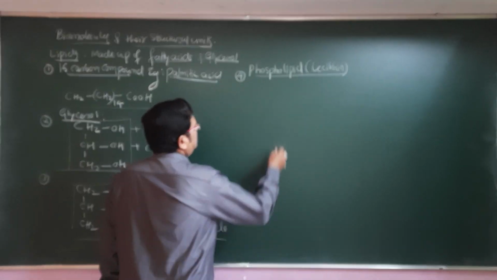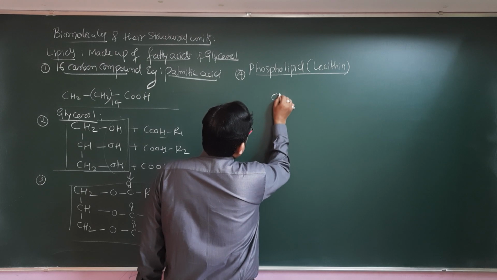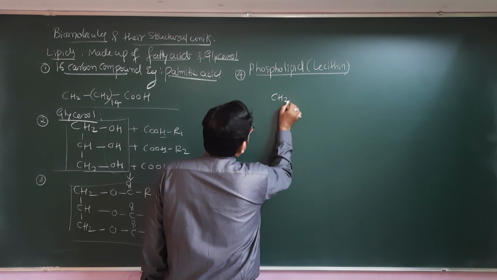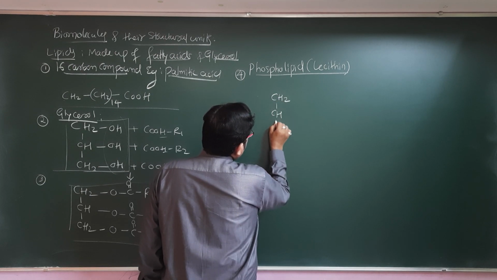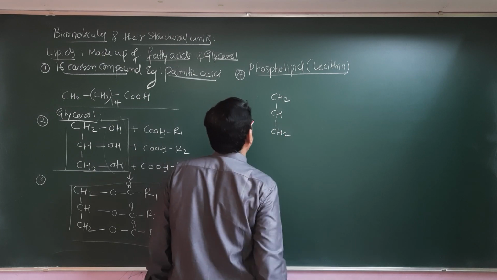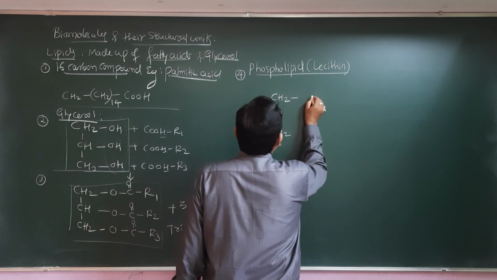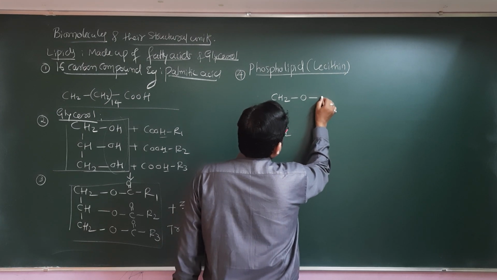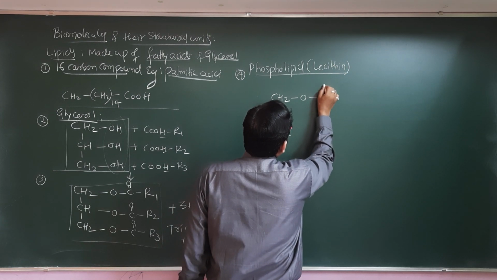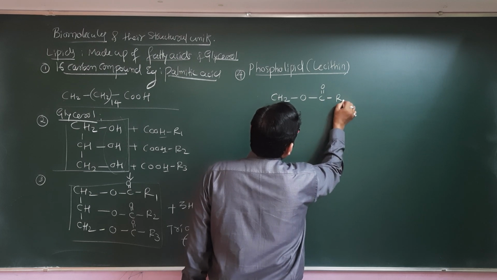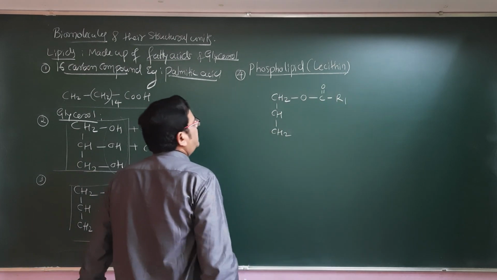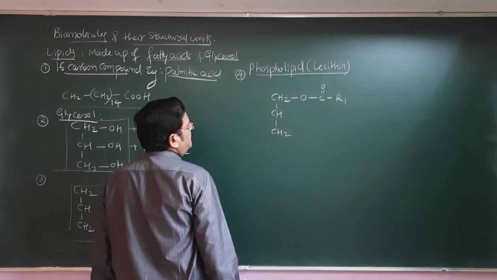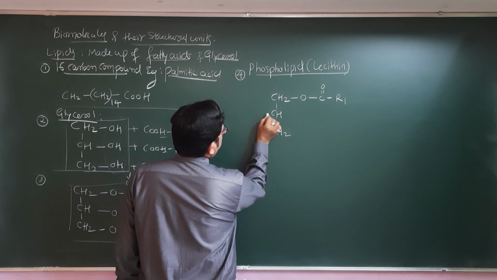Now here, definitely it has the glycerol group CH2, CH, again CH2. So this has the oxygen, and then the carbon double bond O, and then the R1 group here, and then here the CH.